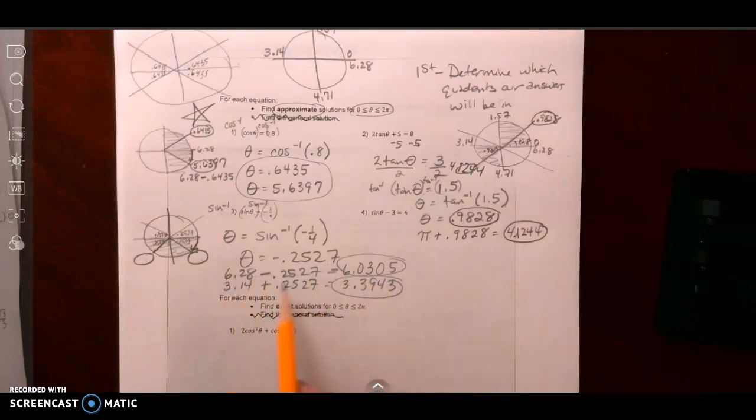Now I believe when I put this into the calculator, I actually typed in 2 pi rather than 6.28, and that's where I got this from, and here I actually typed in pi. I don't know if that helps at all. I'll try to show that when I solve number 4.